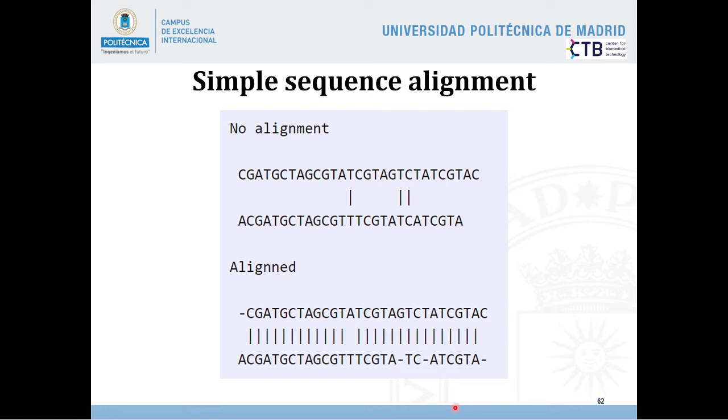So algorithms have to take into account that possibility of introducing gaps, and once we allow them to create those gaps, several alignments can be constructed between the two sequences, not just one alignment, but multiple alignments considering those gaps.